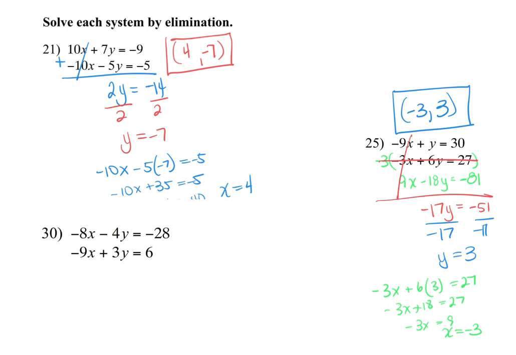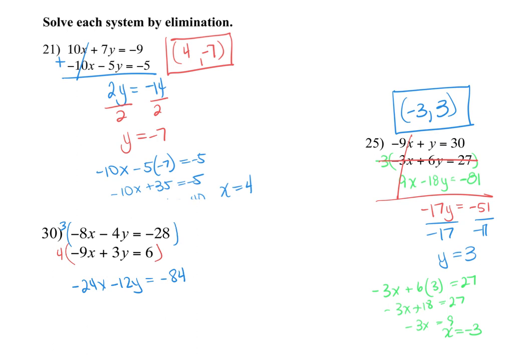And I already have a negative and a positive here. So I'm going to make both of these 12. So I'm going to multiply this group by 3, and I'm going to multiply this group by 4. This is just like the bell work here. And so 3 times negative 8, 3 times negative 4, and 3 times negative 28.